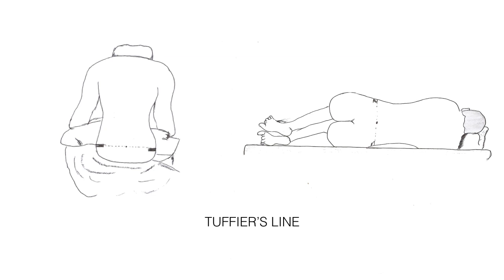On either side I have marked the highest border of the iliac crest and drawn a line which intersects the midline, and that intersection will be around the lumbar 4 and lumbar 5 interspace. So this is called Tuffier's line, and that is the point where we have to administer the spinal anesthesia, in the intervertebral space.